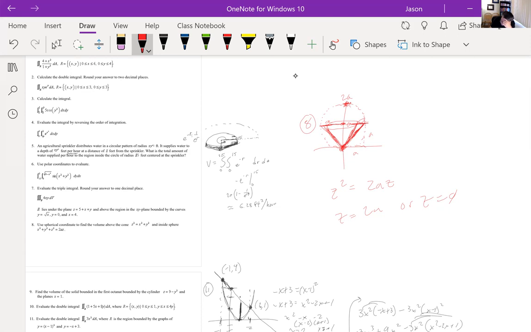That's nice. Why? Because this is a cone, and the cone again is z squared equals x squared plus y squared. So the point on this cone at which z is a, so a squared, that's x squared plus y squared is equal to a squared, right?